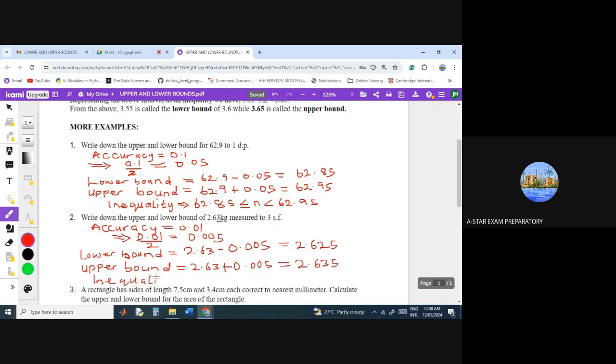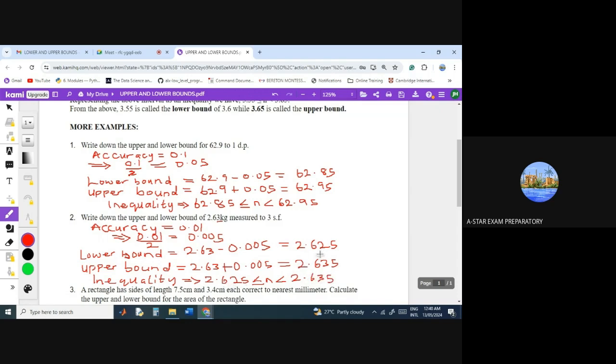Okay, so the inequality representation will be 2.625 less than or equal to n less than 2.635. So this is the procedure.